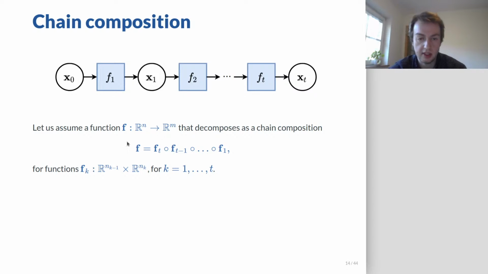So f is defined using a composition of elementary functions fk, and this is a notation that I will reuse: nk corresponds to the dimension of my variables xk, the output of the function fk, and the dimension of the input of this fk function will be nk minus 1.